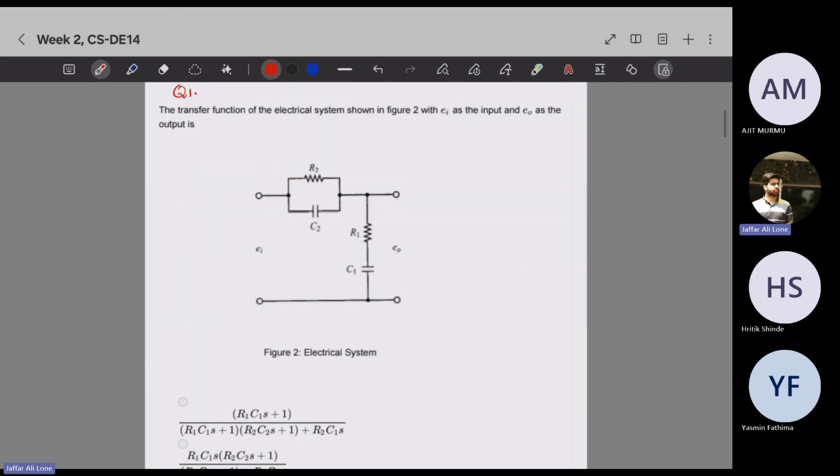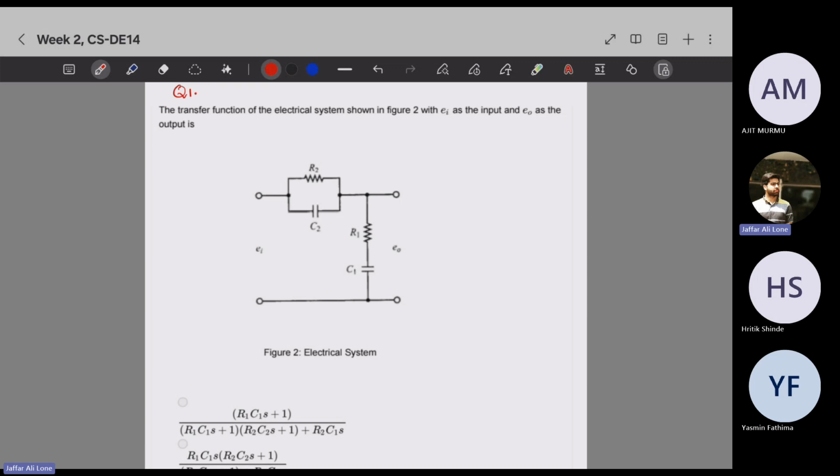Right, this is our question number 1. You can see on your screen: the transfer function of the electrical system shown in figure 2, with EI as the input and EO as the output, is... So basically we have been given a circuit where we are being asked to find the transfer function.